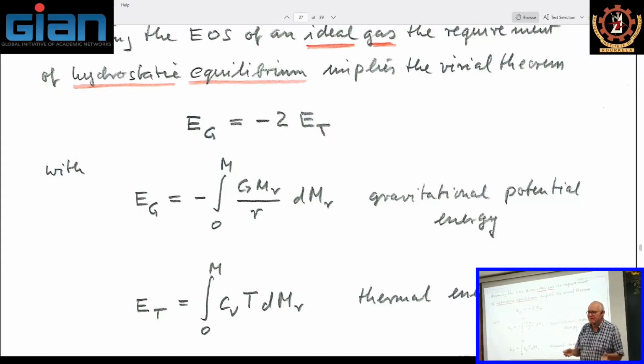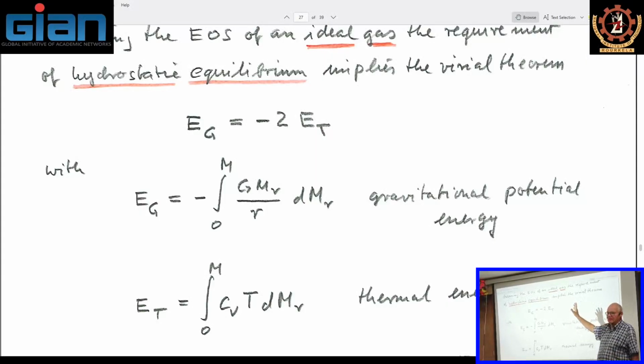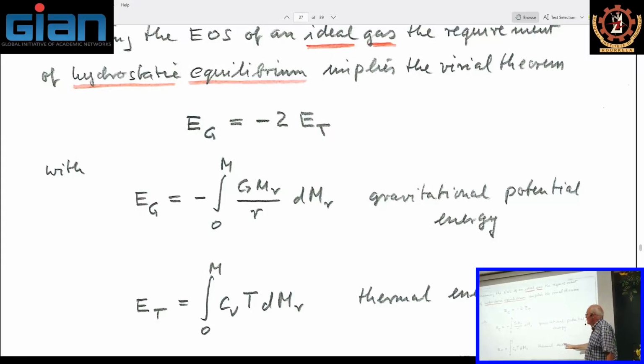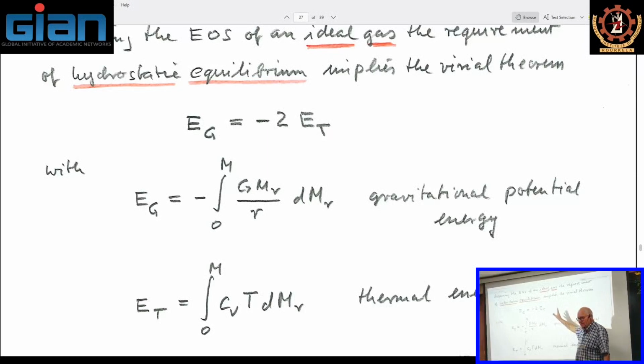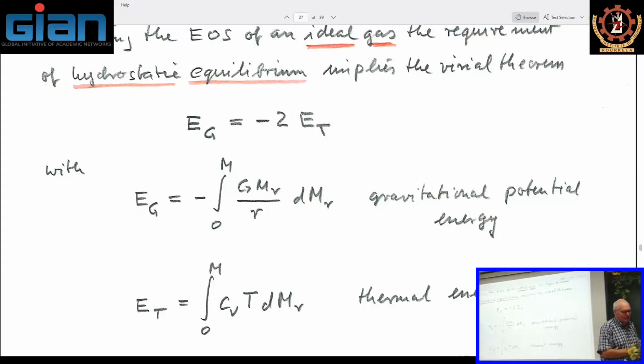For instance, if we take pure radiation, then we will end up with a factor of -1 here. So keep in mind, hydrostatic equilibrium, no energy conservation is used, and we have used an equation of state of the ideal gas. If we take another equation of state, we may end up with a similar form, but not with the factor of -2 in front of the thermal energy.